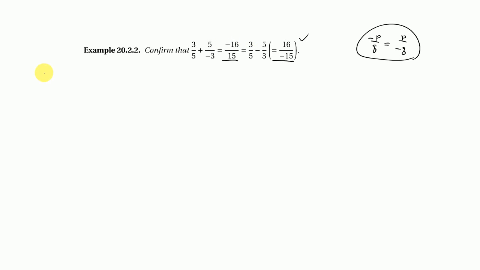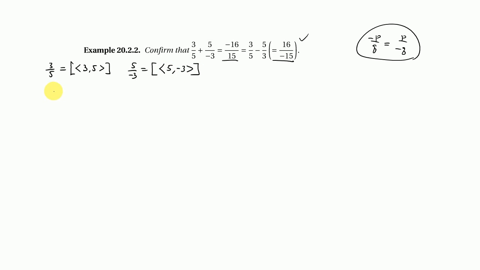For the first one, let's find out that 3/5 is (3, 5) and 5 over negative 3 is (5, negative 3), because in this notation we can use integers, so we can put the negative there.